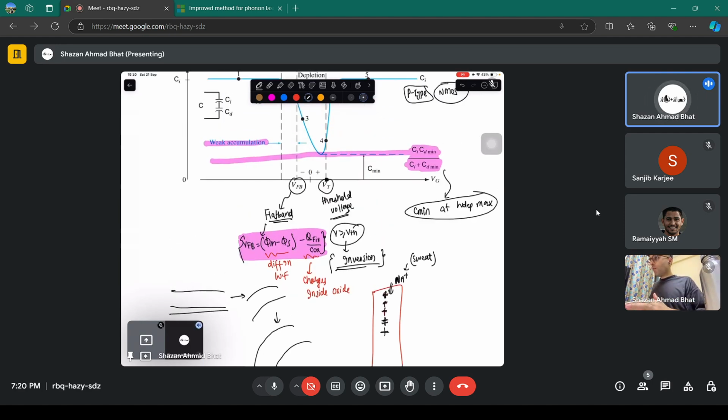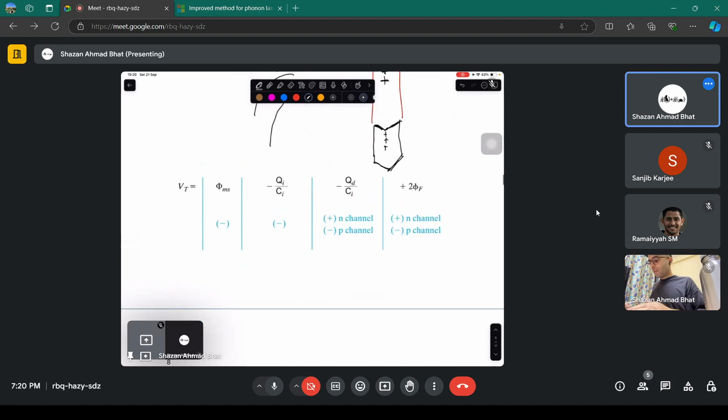And now what happens is, this is the threshold voltage exactly. Threshold voltage is the minimum voltage you require to change from depletion to inversion region. Okay, and it depends upon this particular thing, flat band voltage, both of these.